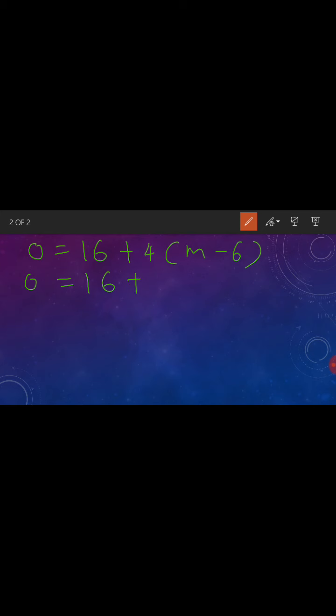So plus 4 into m, 4m, plus minus. Now which plus I am talking about? I am talking about the sign with 4. So plus minus minus, 6 4s are 24. So let me write down 4 into 6. So 0 equals to 16 plus 4m minus 6 4s are 24.